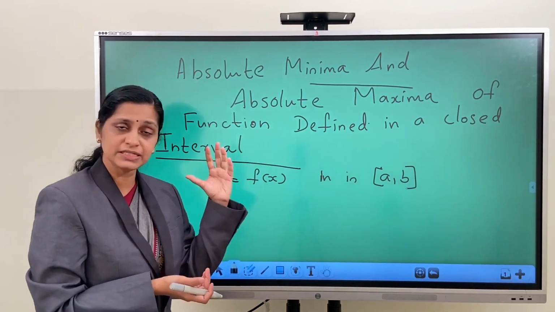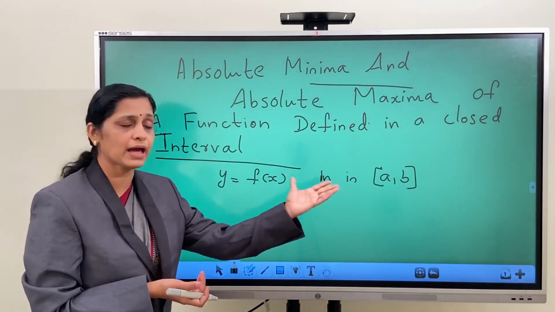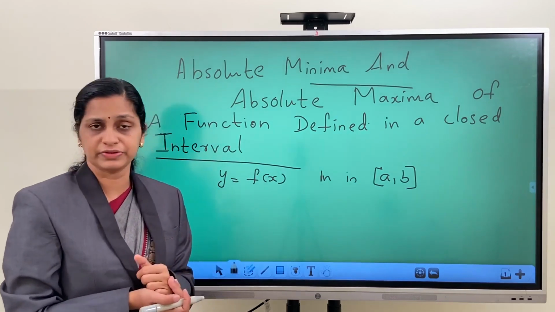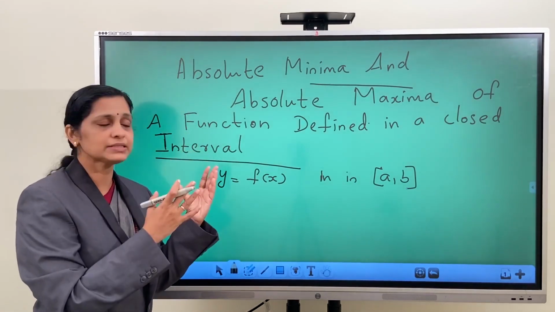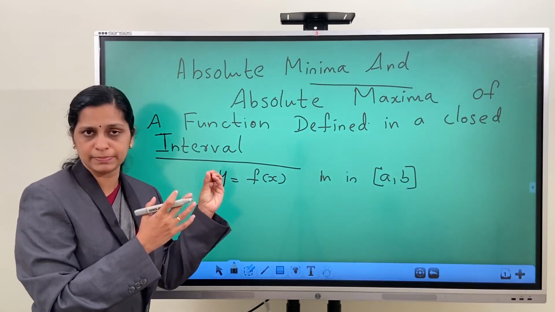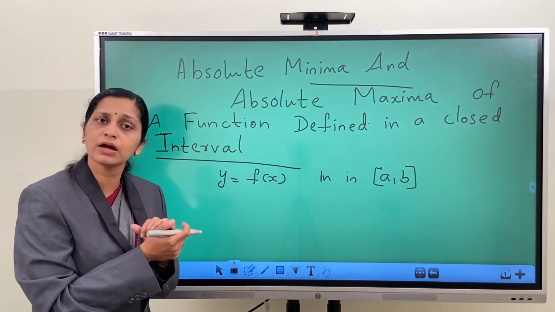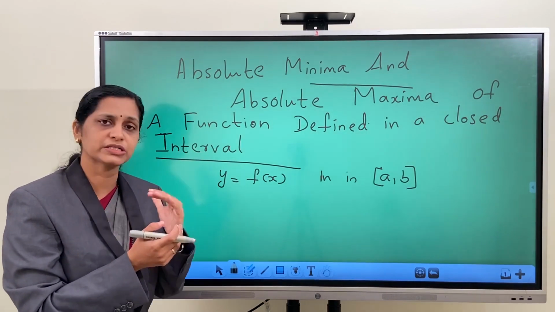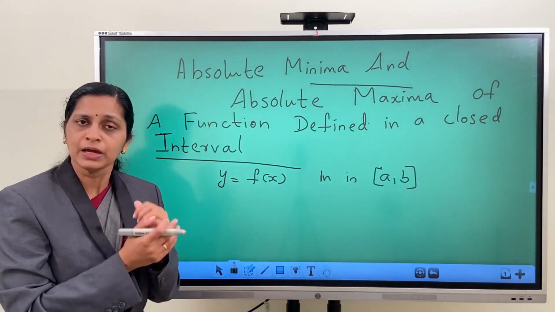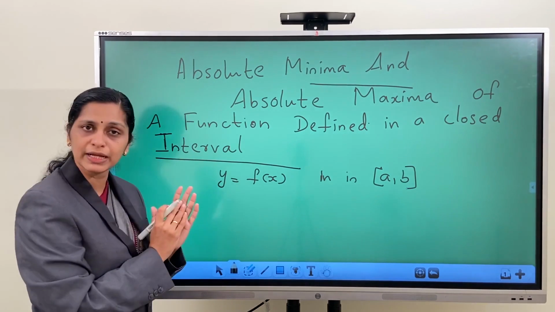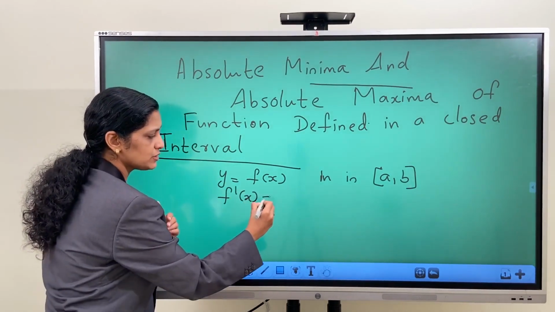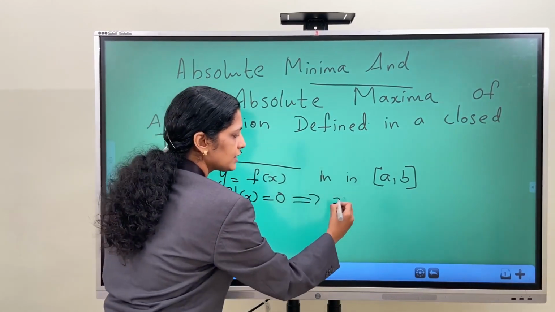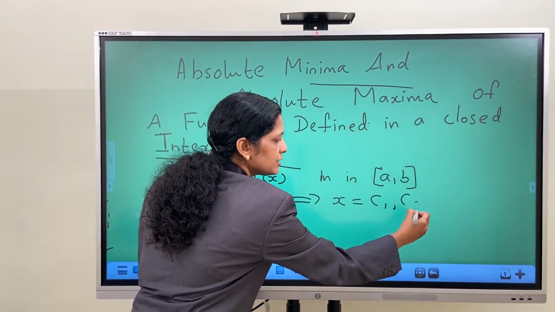There is a possibility that the maximum or minimum may happen at the end points of the interval also. Therefore, here I am going to tell about the steps for finding absolute maxima and absolute minima of a function defined in a closed interval. First you have to find the critical points. So by putting f dash x is equal to 0, suppose you are getting the critical points C1 and C2.